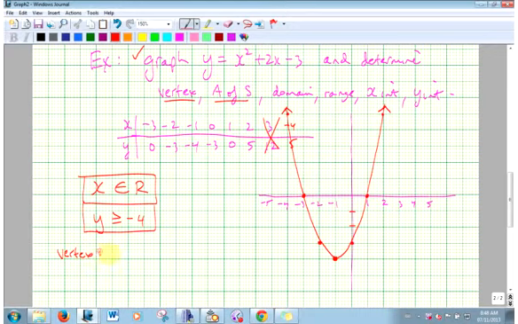Vertex. It kind of looks like it's here, but how do we know for sure? Take 2 points that have an equal y coordinate. The x is -2, here it's 0, and divide by 2. That's -1. For sure, I know that's where my axis of symmetry is, okay?